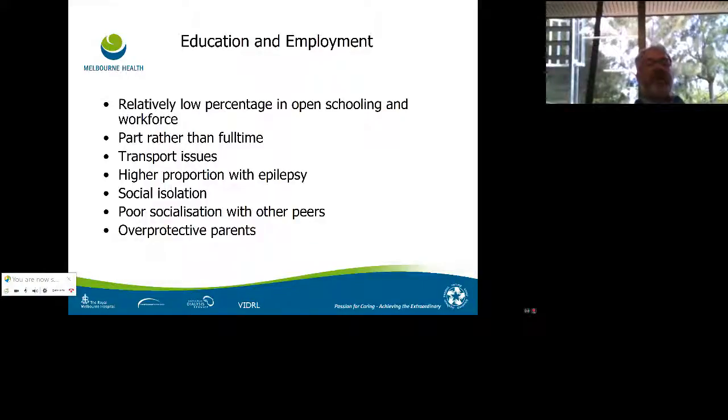Certainly the social isolation and poor socialisation with other peers are really very, very major issues when this group leaves school. And there's the omnipresent overprotective parents that are really quite difficult to deal with.